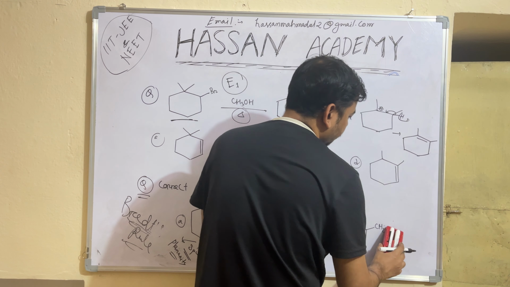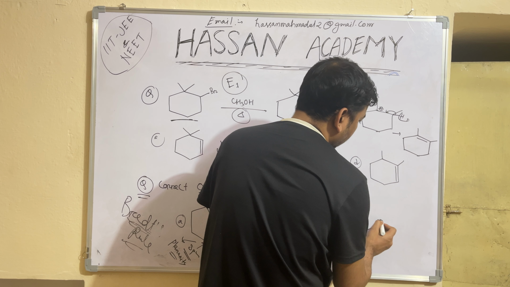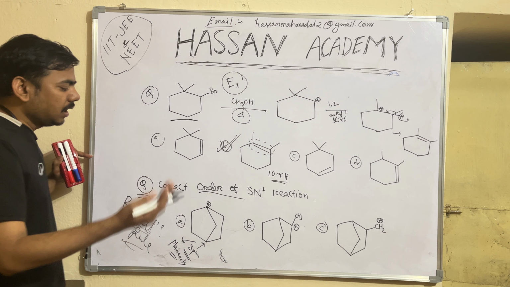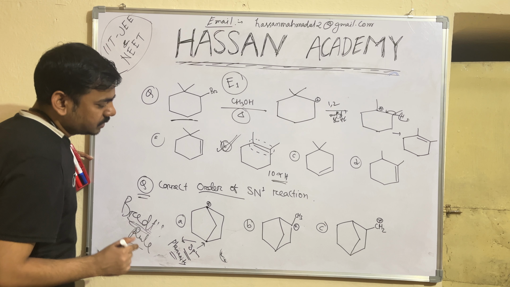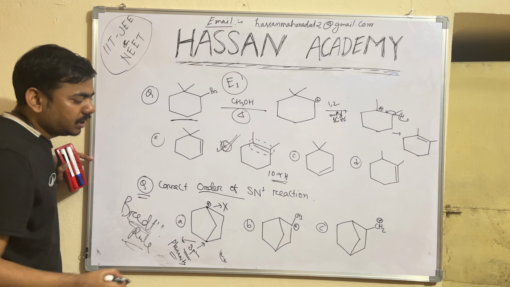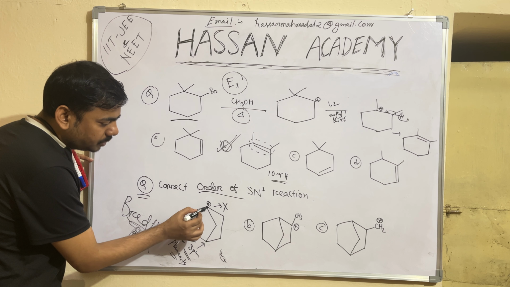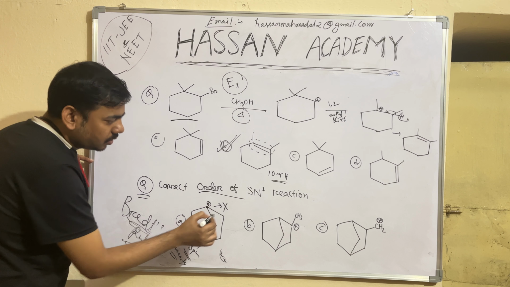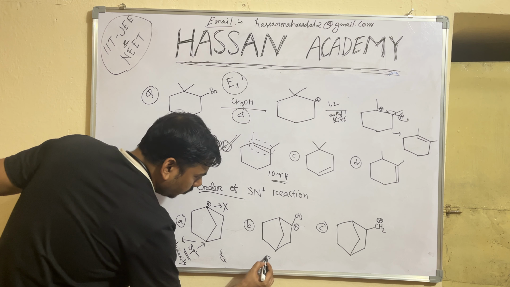Now you see where the positive charge is most stable, that rate will be faster. This positive charge is not possible at all, because a carbocation is sp2 hybridized, and a bridgehead sp2 is not possible, so this reaction is not going to take place. So A will be the last one.